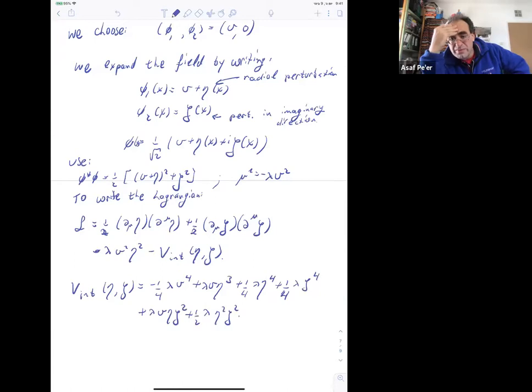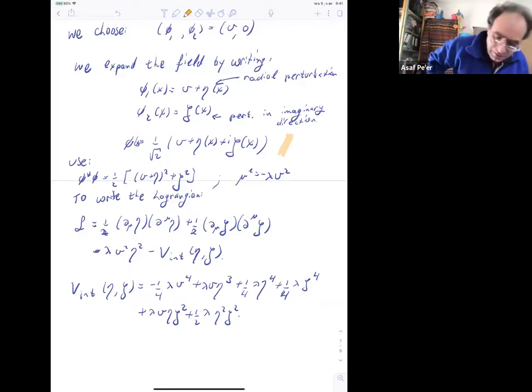Now, you get it by simple algebra, right? As we did with the scalar field, you just plug in this expansion of phi into the Lagrangian, and you open up all the terms, and that's what you get. Modulo some typo that I got, but I don't think so, because I checked it.